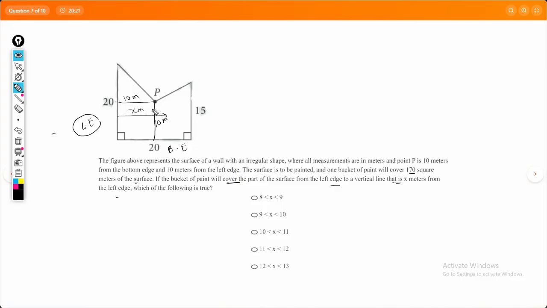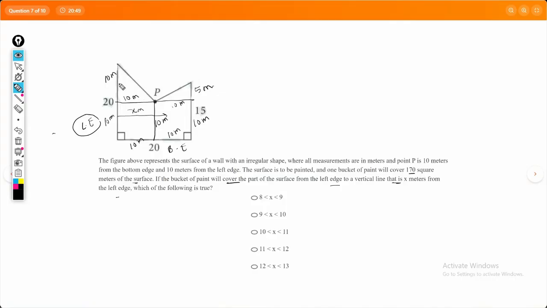Well, we can say that if this is 10 meters, this is 10 meters as well, because this is a square. So this would be 10 meters as well. And if we draw a line here, as this is 10 meters, this will be 10 meters as well. If this is 10 meters, this must be 5 meters.